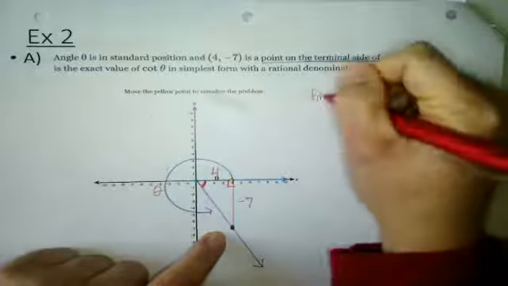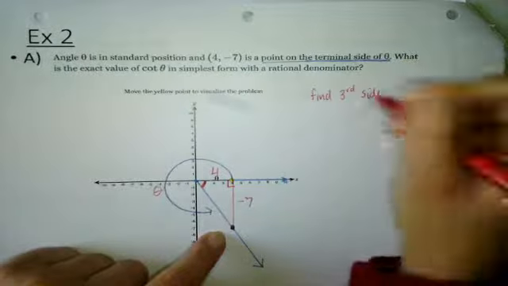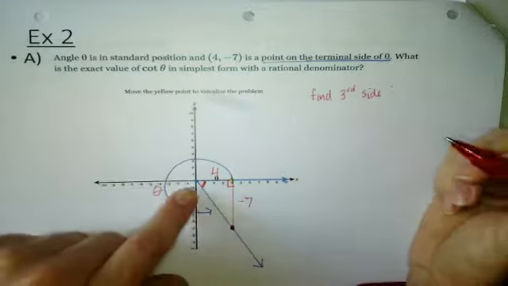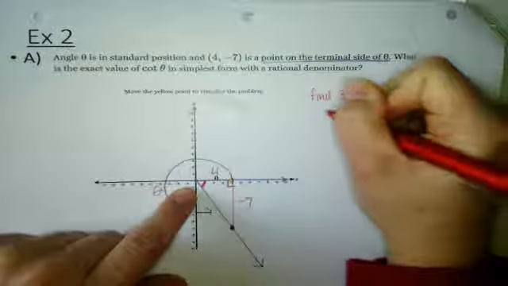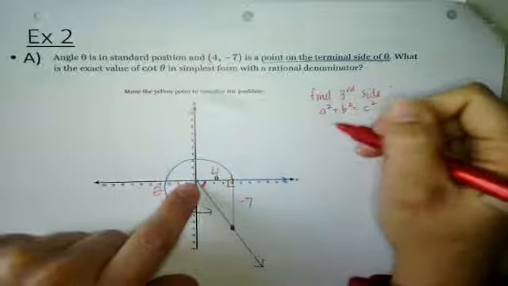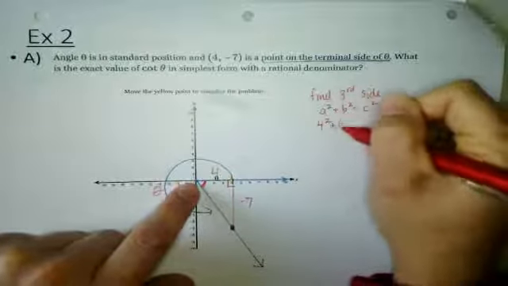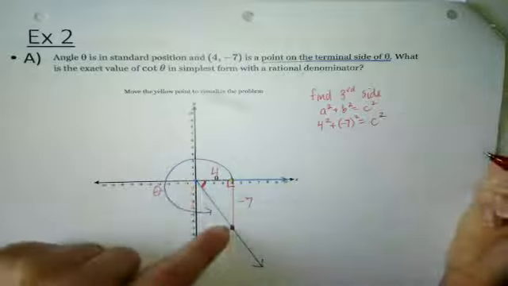So we need to find the third side in this triangle. And to do that, we can use the Pythagorean theorem. Leg squared plus leg squared equals hypotenuse squared. So that's a squared plus b squared equals c squared. And here we have 4 squared plus negative 7 squared equals our hypotenuse squared, this third side.